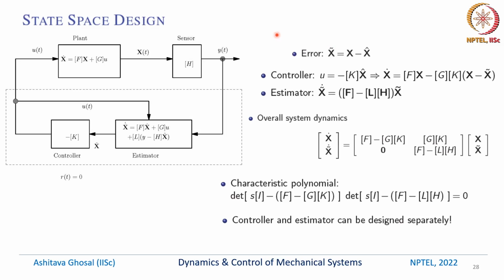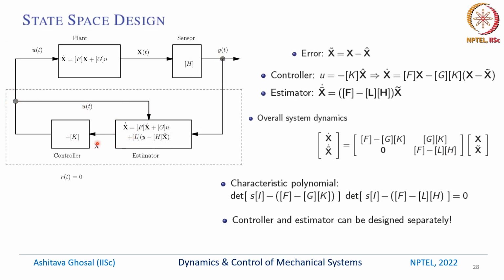Continuing with the state space design, let us look at the block diagram. We have a plant which is given by x dot = Fx + Gu. There is an input u(t), the output is x(t), and there is a sensor, so we get y = Hx. Then this y is fed back into the estimator, because we are only using some measurements y, and we also have u coming into this estimator.